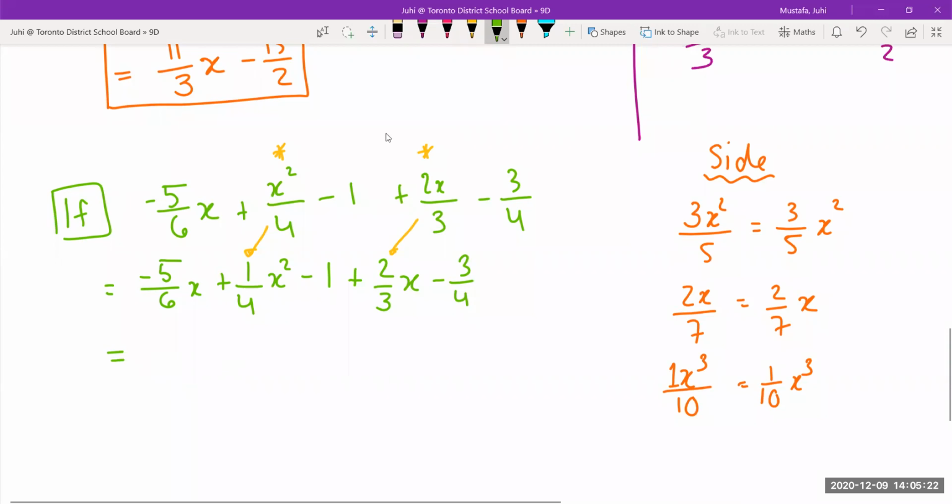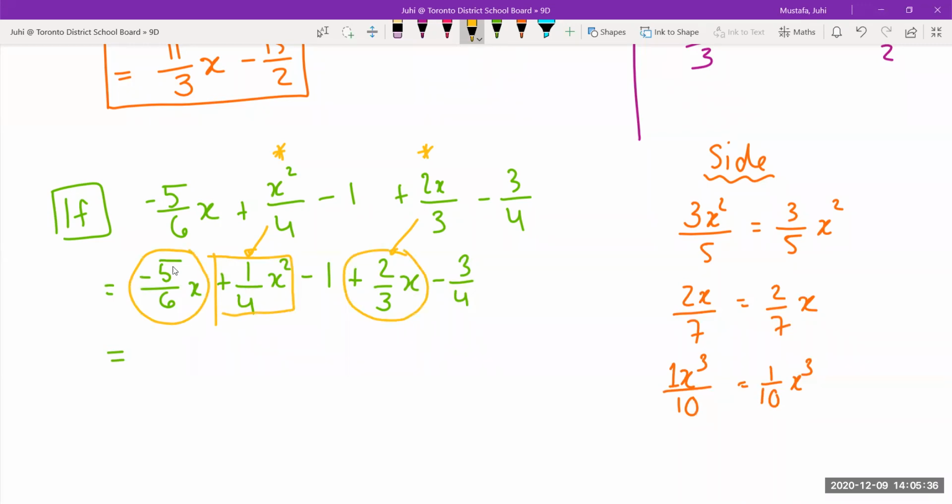Okay, so when I collect like terms, I notice there's an x squared here, but no other x squared. So this seems like it's going to be a loner all by itself. We have negative 5 over 6x and positive 2 over 3x. Please notice that when I collect like terms, I include the sign in my little squares. And then we have a negative 1 and a negative 3 over 4. When I collect these, I always put stuff in descending order.